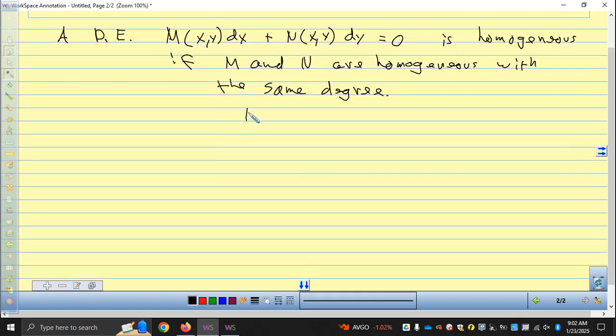So that means M of tx, ty equals t to the alpha M of x, y, and N of tx, ty equals t to the alpha N of x, y.